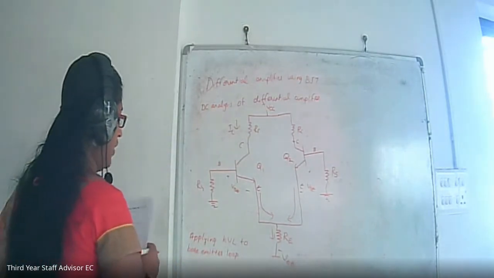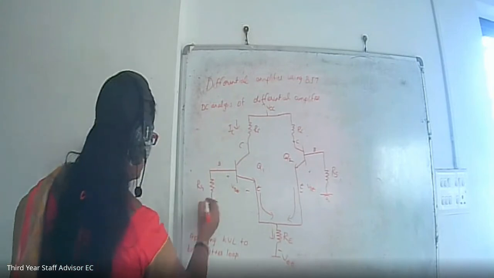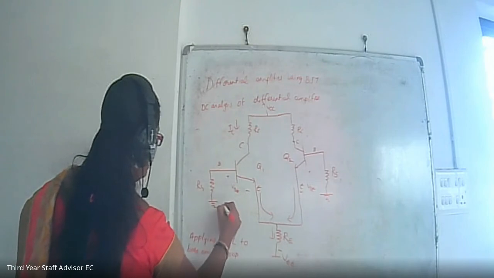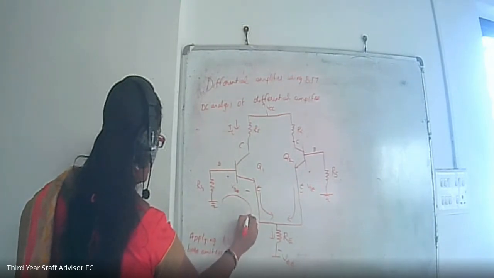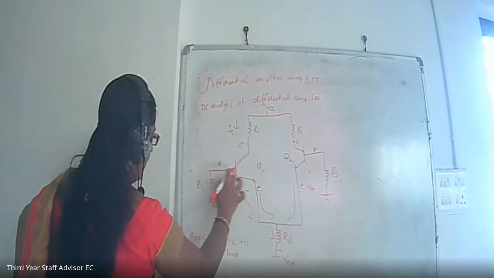The base emitter loop is this one. This is the base, this is the emitter, this is the collector. So the base emitter loop is this.